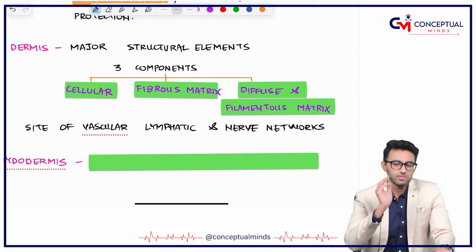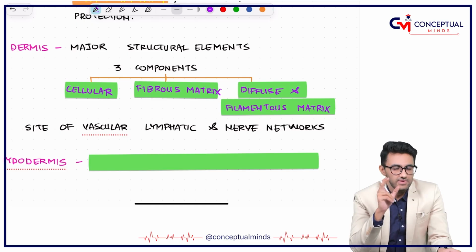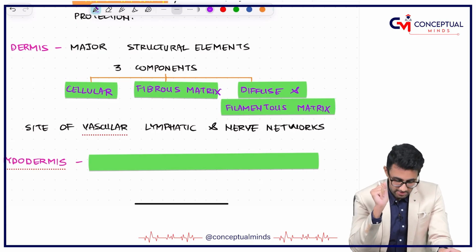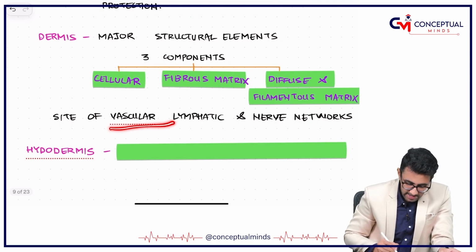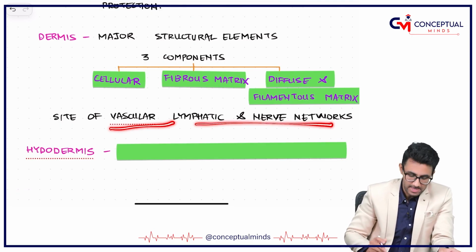Mind you, dermis was the layer where the venous plexus was present, and we had a good vascular supply in dermis. So it has very good vascular and lymphatic networks. That is the next point.